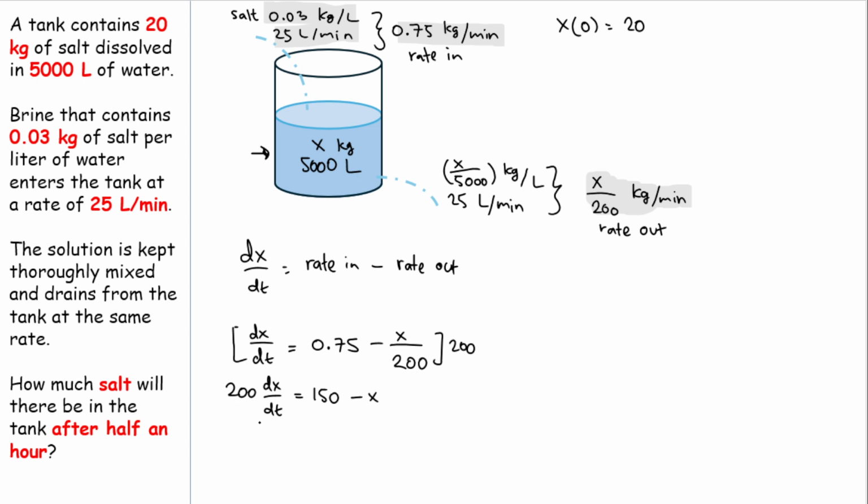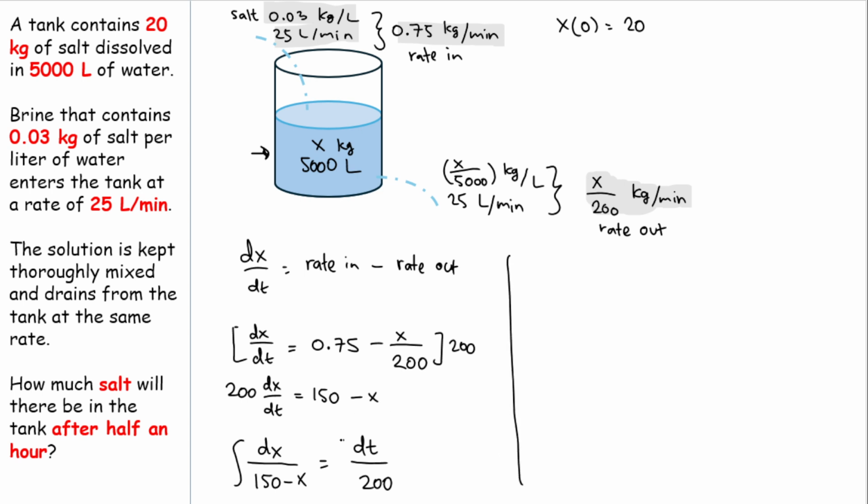We can isolate x on the left-hand side, so we have dx divided by 150 minus x equals dt over 200. Now we can integrate both sides.